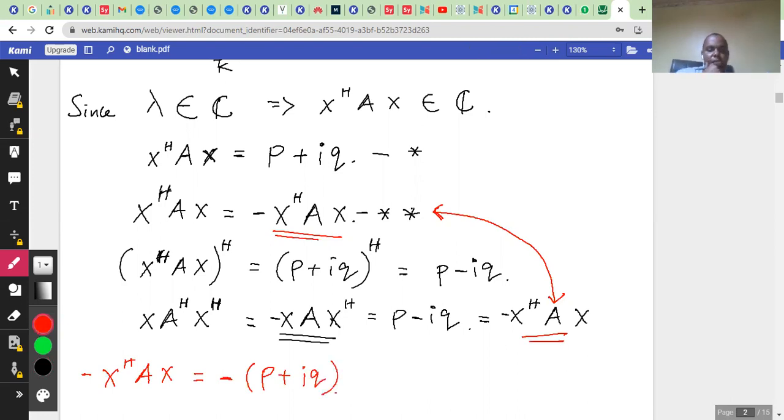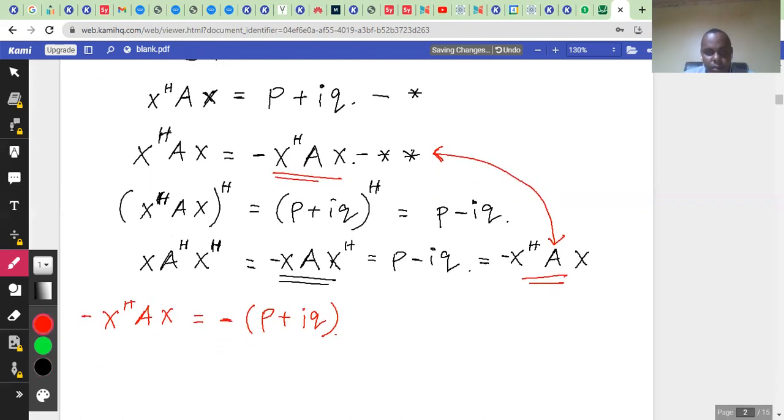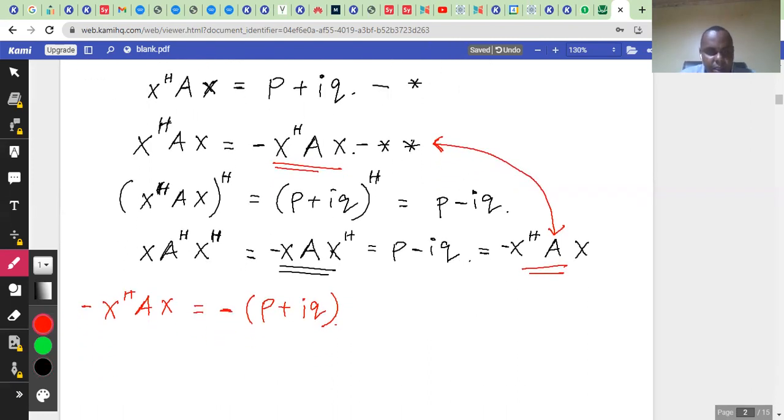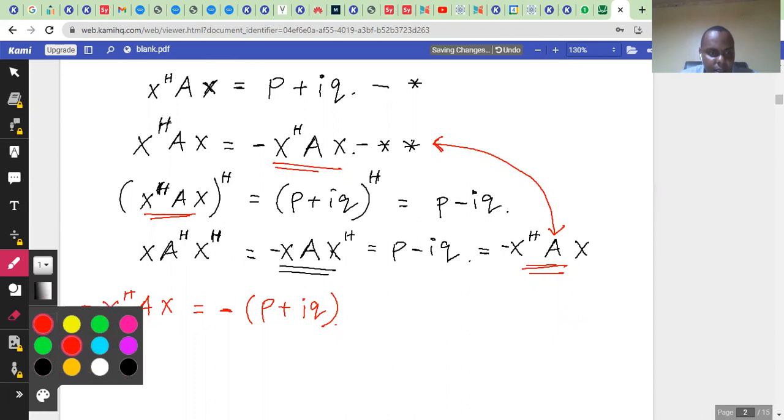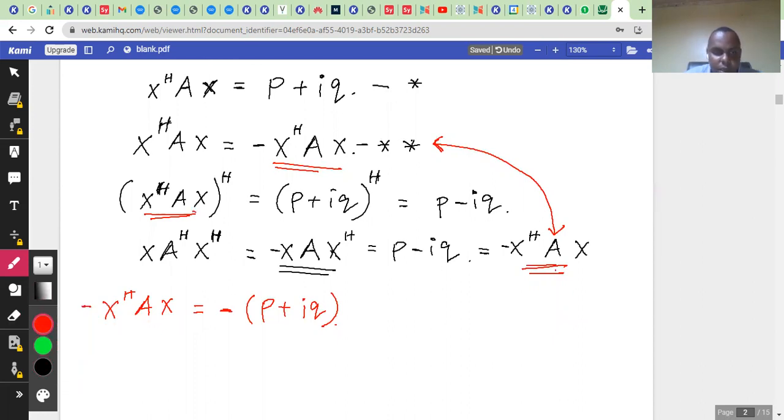And then remember, this matrix that you're seeing is also equal to this one. These two are equal. So we can also have that negative x^H A x equals p minus iq.